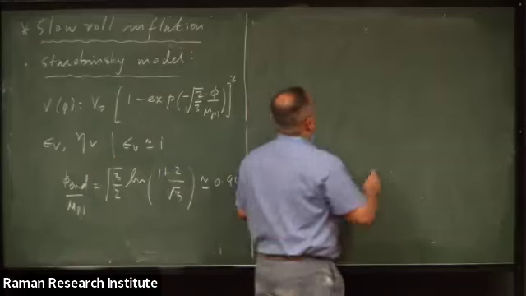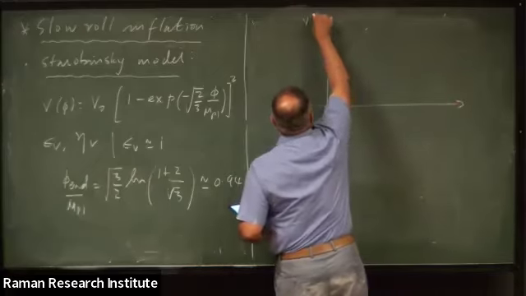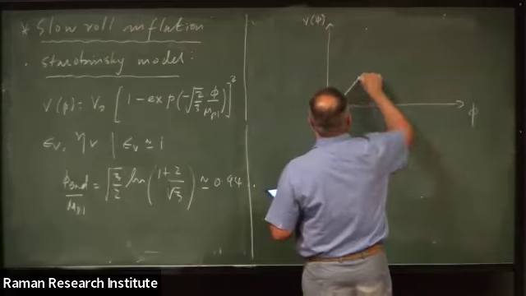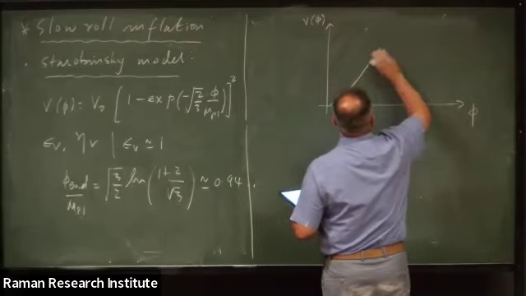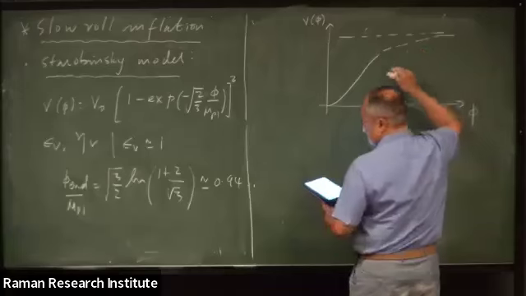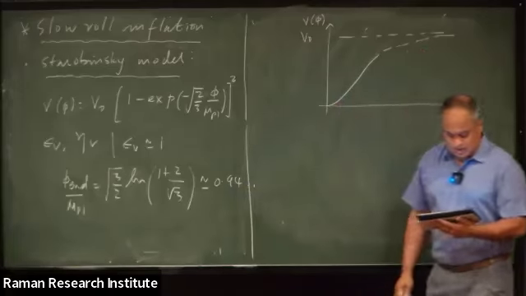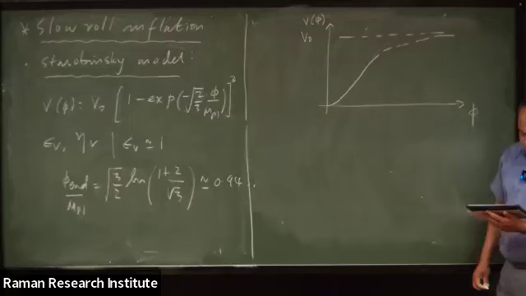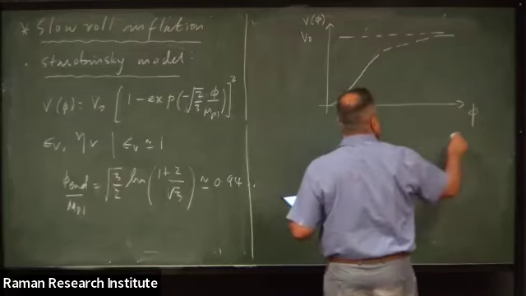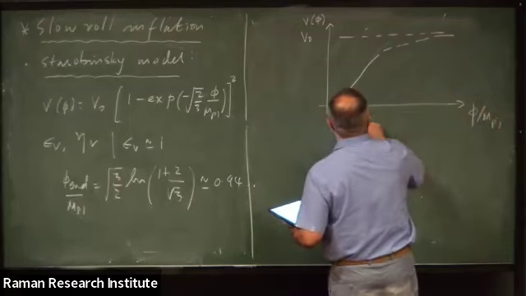And the potential is evidently of this form. Phi, it's like this, right? Sorry, I should draw better. It goes up and settles down at some value, V naught. And this is phi end somewhere here, phi end by MPL, which is like 0.94.